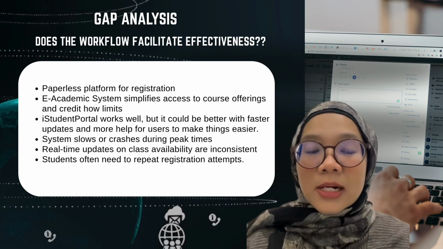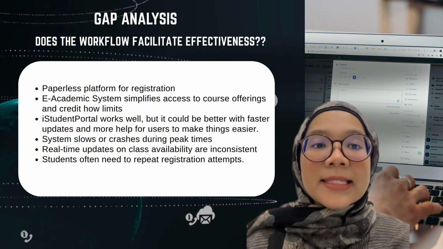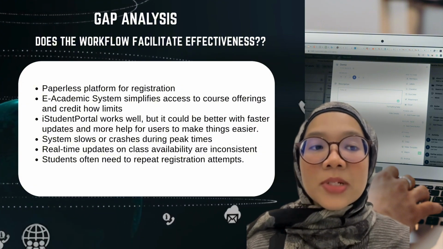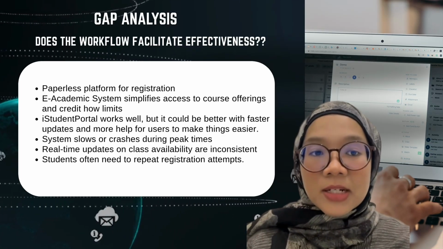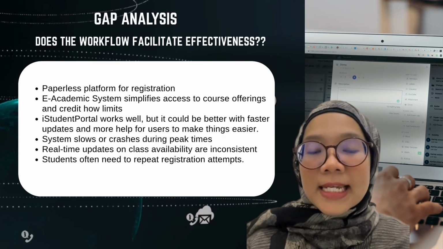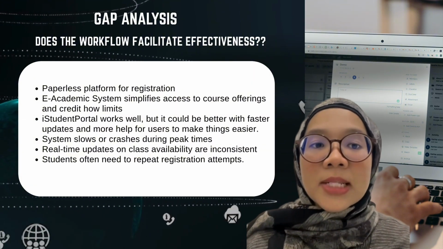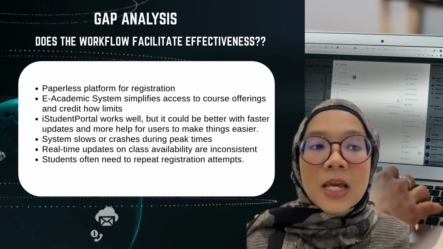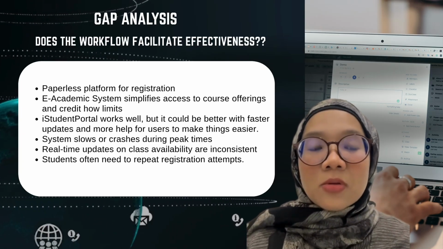Students are no longer required to submit physical forms, and this helps reduce manual processing and save time for both students and administrative staff. Additionally, the e-academic system provides easy access to course offerings and monitors credit hour limits. This simplifies planning for students and helps prevent registration errors related to course load.